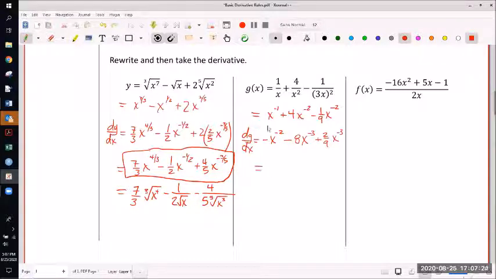I can rewrite that in a similar form to what I had to begin with. So that would be negative 1 over x squared minus 8 over x cubed plus 2 over 9x cubed.